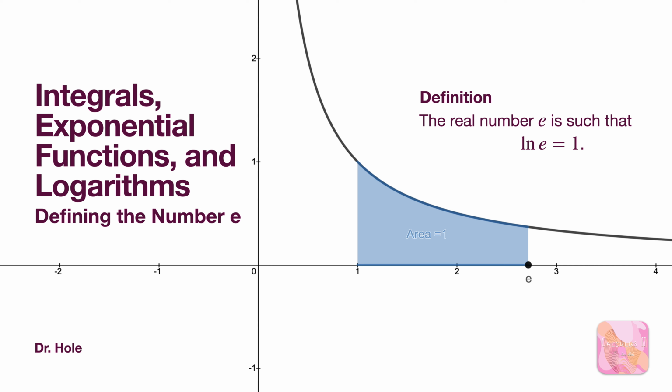We're looking at a picture. We're looking at an area of exactly 1, and then that's going to correspond with the input e given to the natural log. And you want to make a note that e is a value that sits between 2 and 3, but closer to 3, 2.7 something.